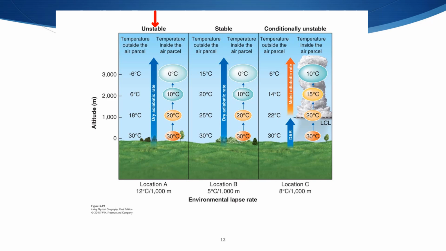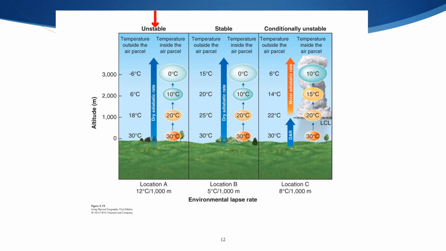First, we'll look at unstable. In an unstable atmosphere, the air parcel is warmer than the ambient air around it. So let's see how this plays out looking at this graph and going up in altitude. Both the outside environmental air and the air inside the air parcel start at the land surface at 30 degrees Celsius. Look how those temperatures compare as they go up.